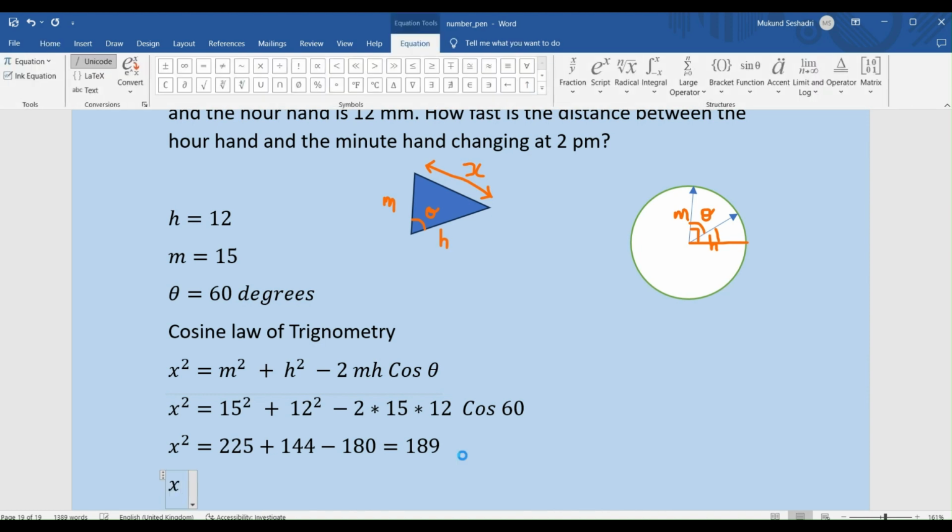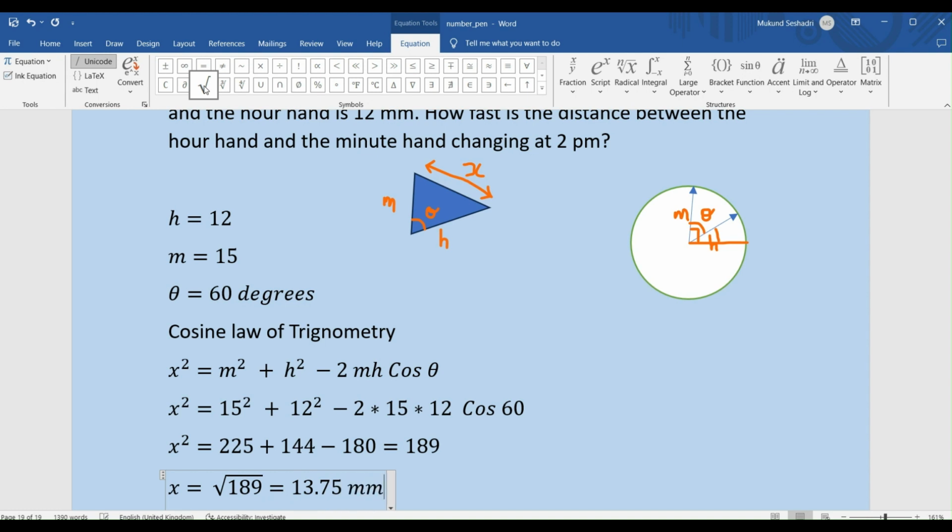So your x is nothing but the square root of 189. That works out to be 13.75 millimeters.